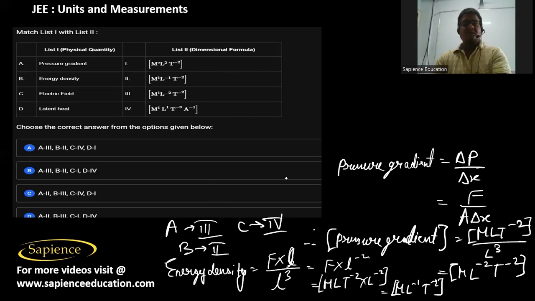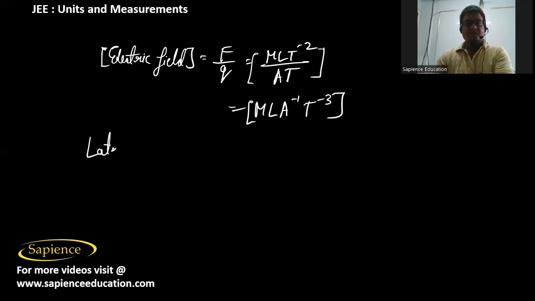And D is the latent heat. Latent heat is equal to the heat energy divided by mass.